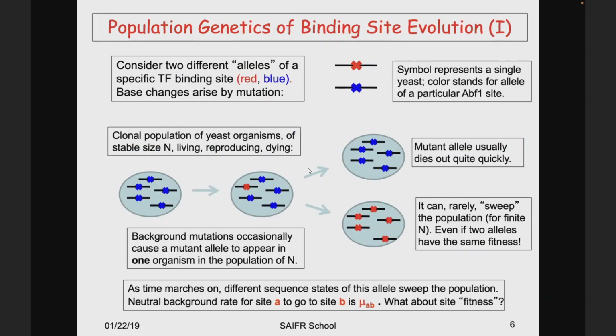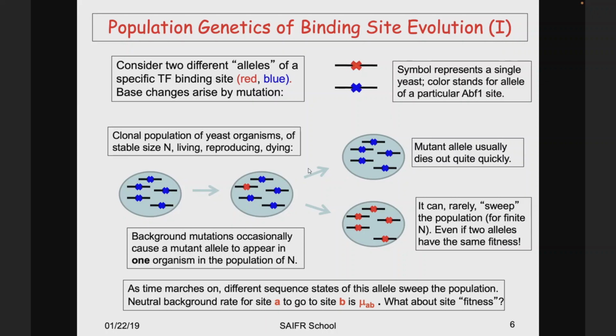All right, so now let's throw in population genetics. This you probably already know. If you have a collection of organisms and, let's suppose, two possibly competing alleles, we're going to focus on our alleles being different versions, different sequences, for the same binding site.